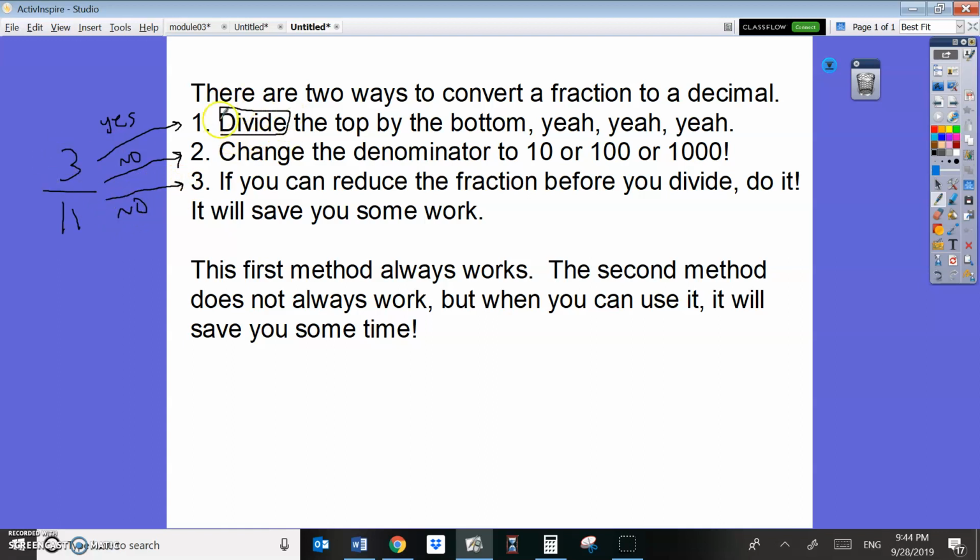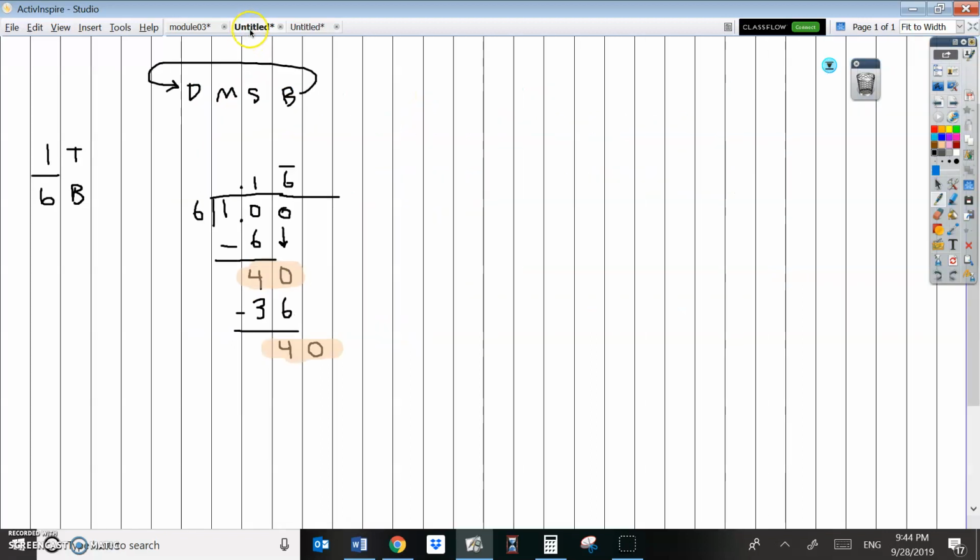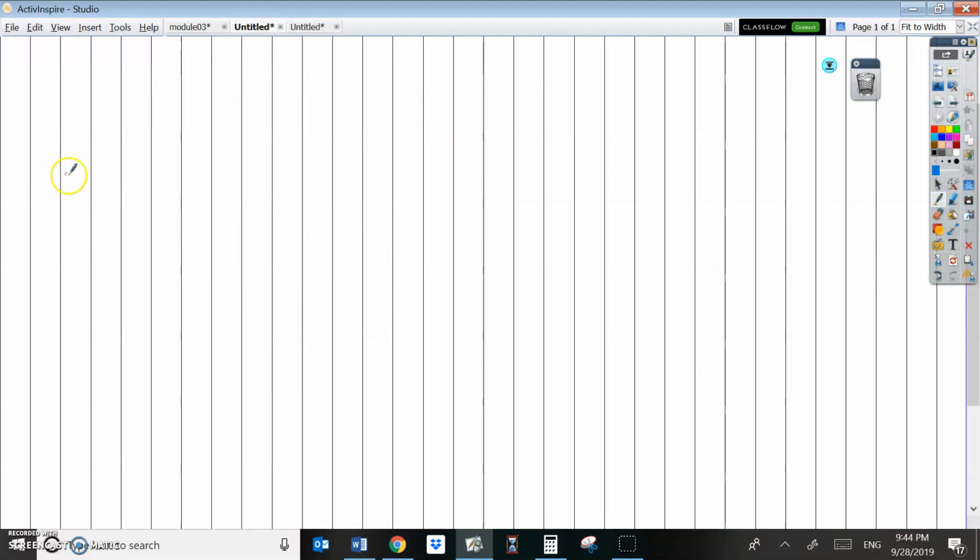Just divide it. Divide the top by the bottom. 3 here, 11 here. Put in a decimal and a 0. Bring your decimal up. The steps are divide, multiply, subtract, bring down.